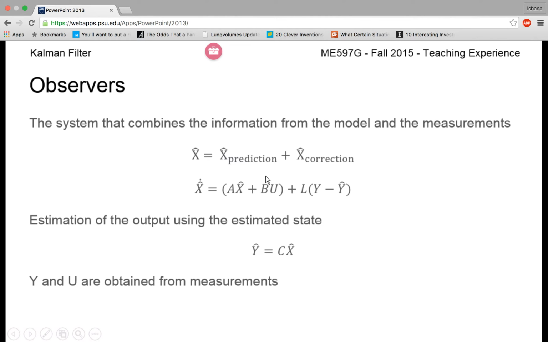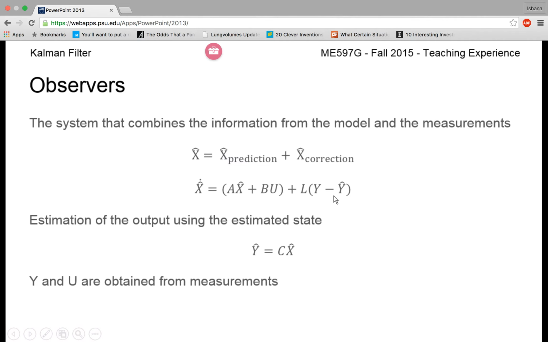So we have been using this estimate to get our next estimate and to get an estimate of our output. Now we have no information about the state, but we do have information about the output. And so we do a comparison, so to say, between the output that we're measuring and the output that we're predicting using our estimates. And then we try to use that difference to nudge this entire term towards the correct value of x.